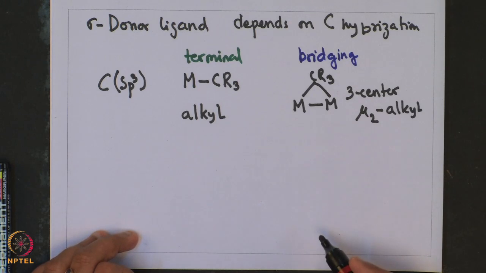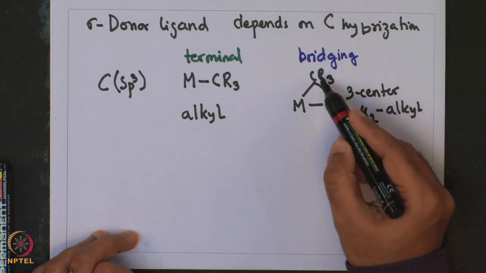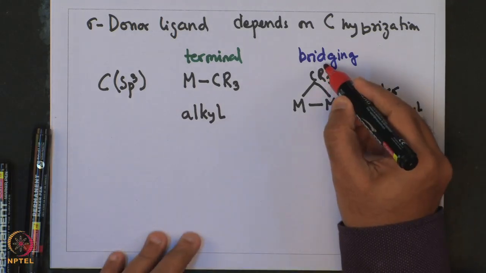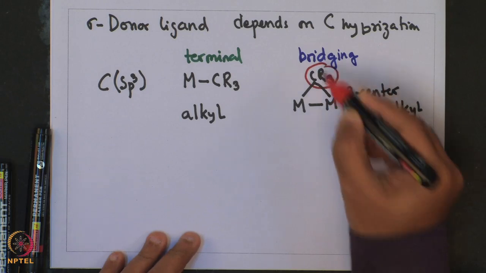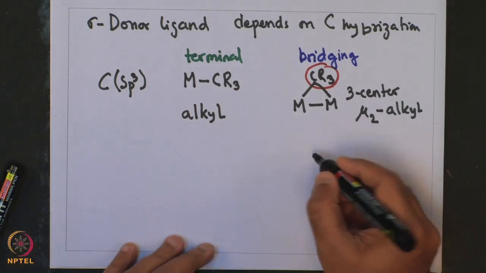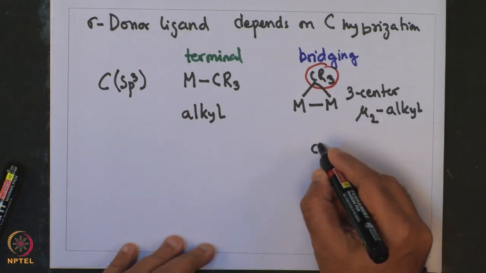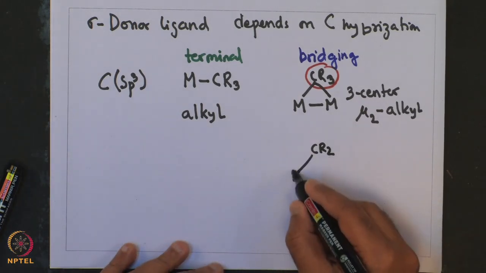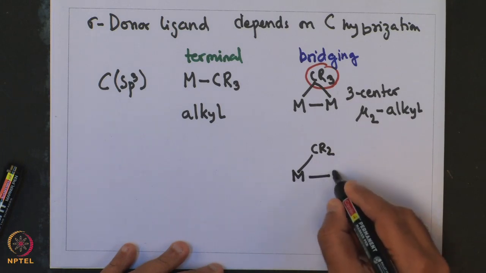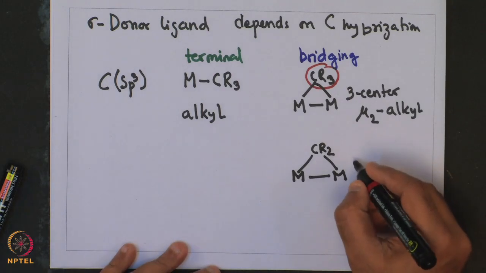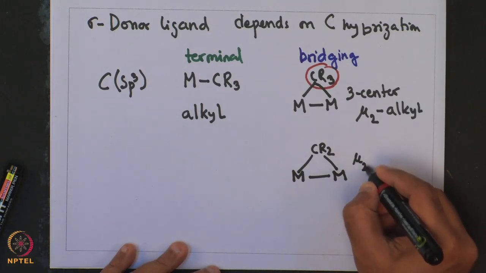Now, instead of CR3 bridging between two metal centers, it can also be an alkyl moiety of the type CR2 bridging analogously between the two metal centers, and these are called mu2 alkylidene.